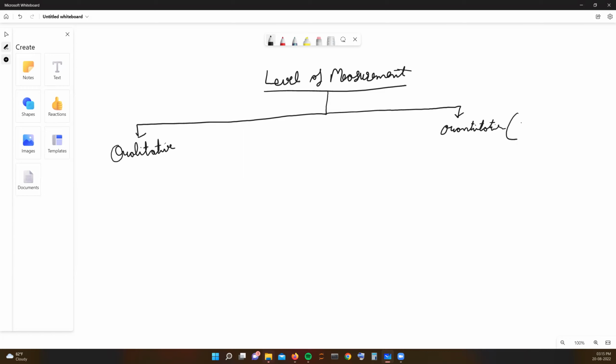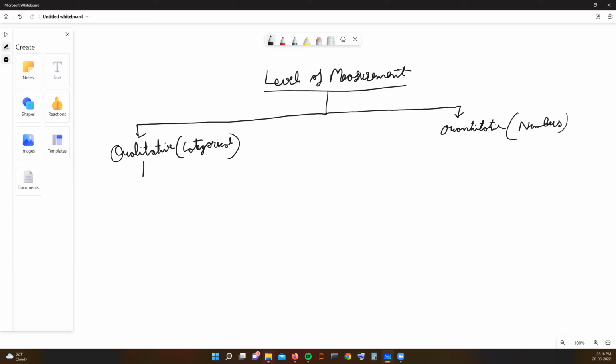All the numbers, whether whole numbers or any numbers, basically all your numerical data will come inside this quantitative level of measurement, and all your categorical data will come inside qualitative, right?